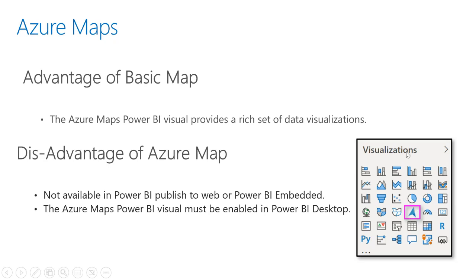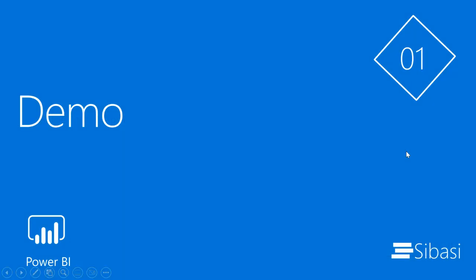This is how it looks like. So we'll go into a short demo immediately. I'm going to switch to Power BI desktop so that you can see how to create these visuals.